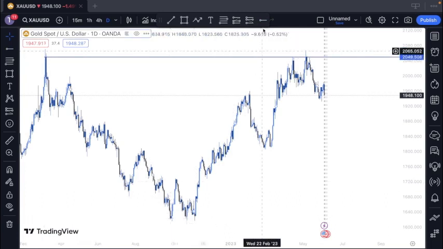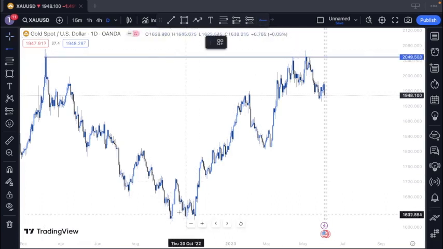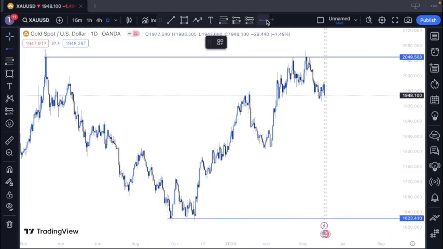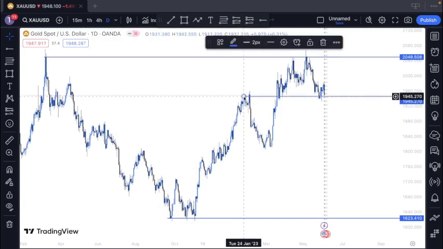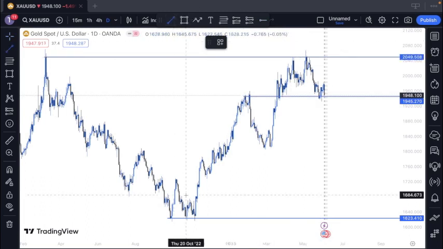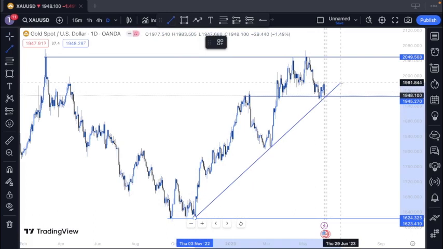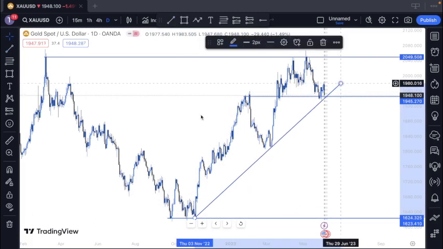Okay, I'll also choose the one that is much nearer, which is just right here. And in that being said, is there any valid trend we are having on our gold? Yes. Will we be forcing it if we were drawing it on our daily time frame? Nope. We wouldn't be forcing our trend. Here it is right here.